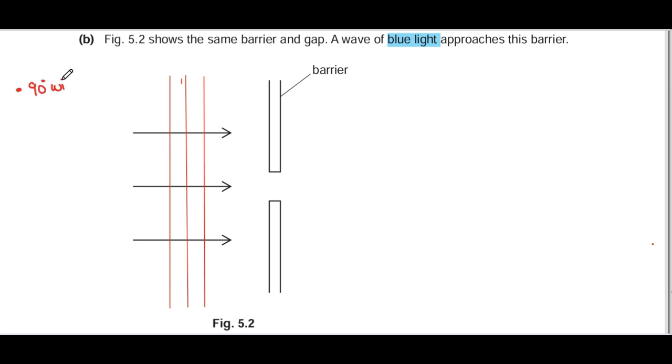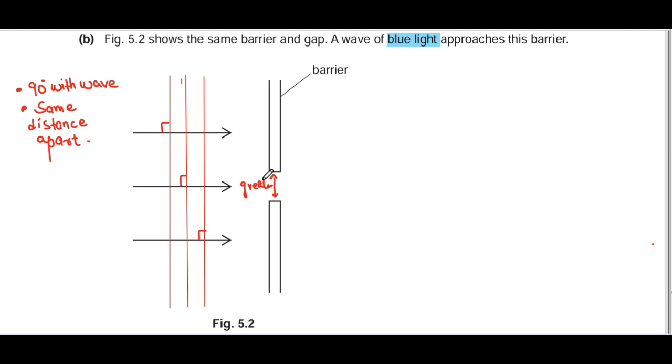But we need to know a few facts about wavefronts, that they should make 90 degrees with the wave. That means this is 90 degrees, this is 90 degrees, and this is 90 degrees. And the next thing, that they should be the same distance apart. This can't happen that two wavefronts are narrower and two wavefronts are apart from each other.